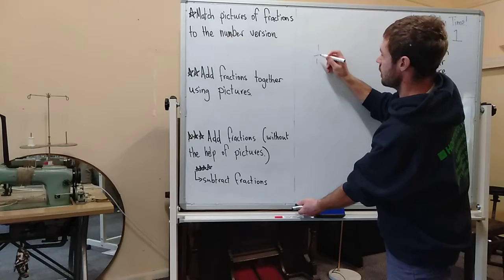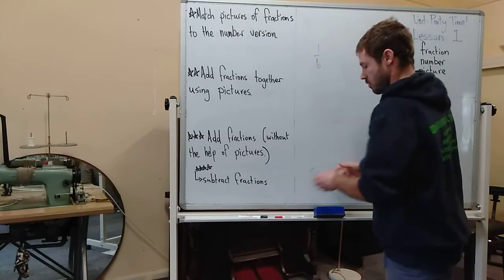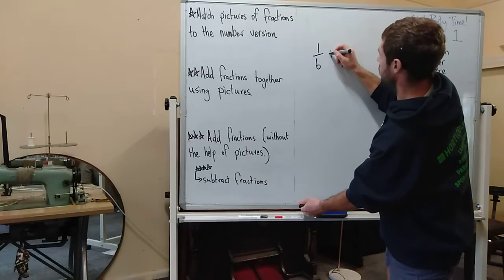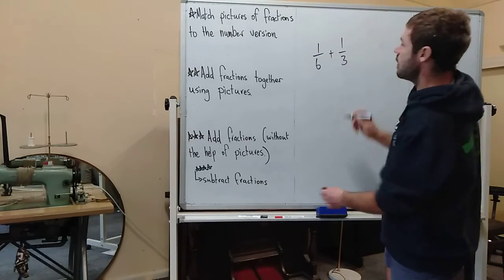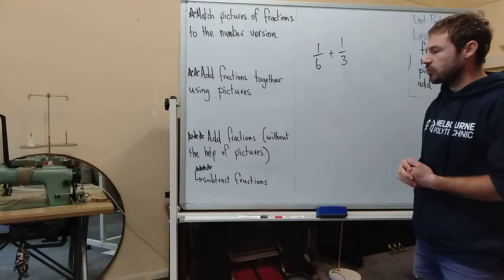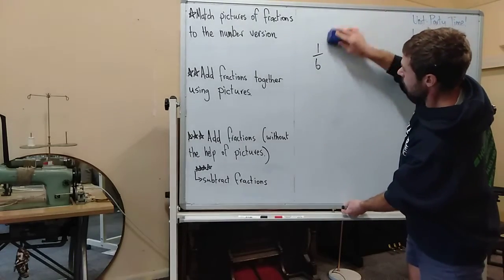Let's say, well, that texter doesn't work as well. Try to redraw that. 1/6 plus 1/3, and you would try to add those together. But I won't go into that too far in my warm-up.